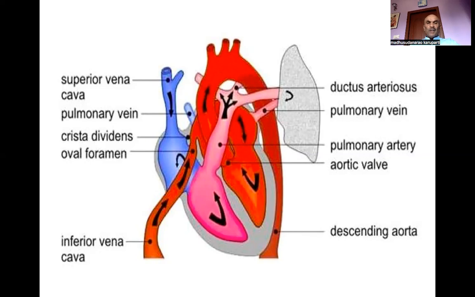Once the lungs are functional, pulmonary vascular resistance drops. Most of the right ventricular output goes into the pulmonary circulation, and there is an increase in venous return into the left atrium. Left atrial pressure increases, and there is closure of the foramen ovale, and there will be the establishment of the pulmonary and the systemic circulations after birth.